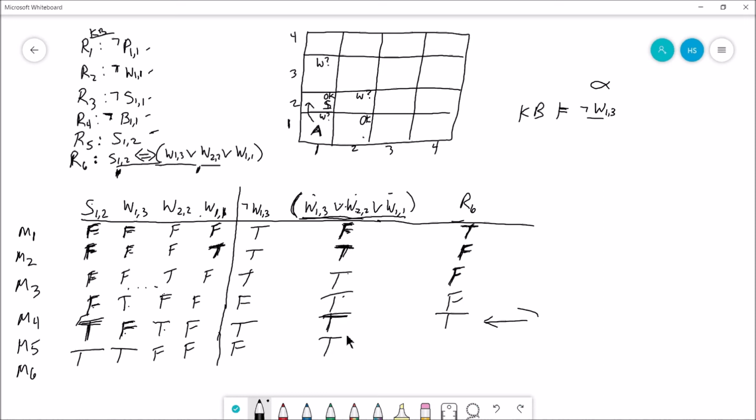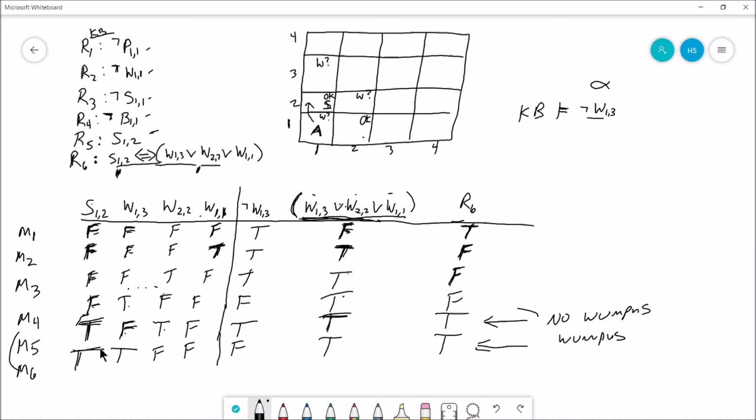Yeah, because 1,3 is true. Now, does R6 hold? Yes, because there's a stench and there's a Wumpus nearby. So no Wumpus here in this possible world, but here there is a Wumpus, so these are in conflict.